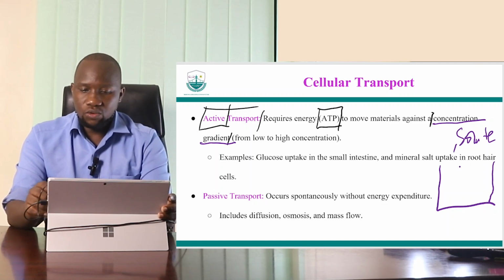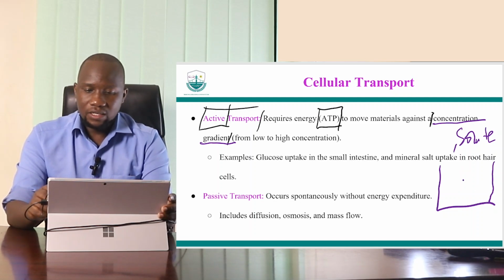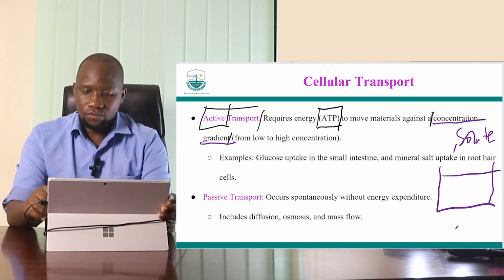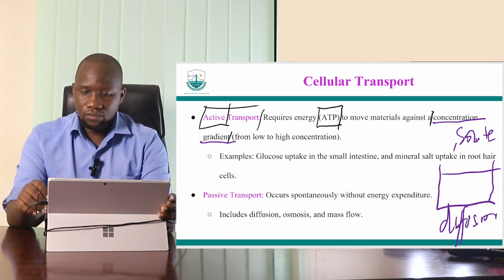Assuming this solid that we have added is actually colored, it means that the whole solution will get the color of the solid, and that phenomenon is what we call diffusion.